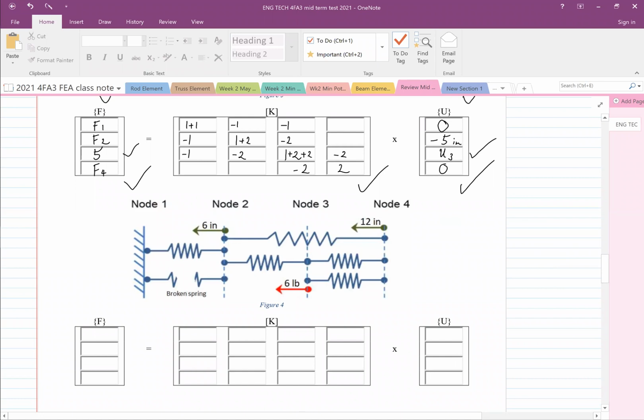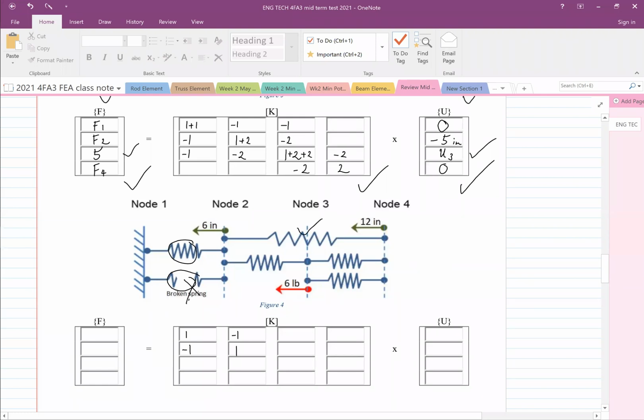Okay, figure 4. Wow, what a mess. No problem. You handle it like others. Between nodes 1 and 2, first element is a 1, -1, -1, and 1. And there's another element here, which is a broken spring. The broken spring doesn't give you any stiffness. So forget it. Between nodes 2 and 4, there's a special element tied together.